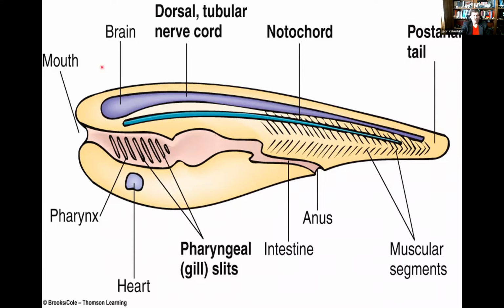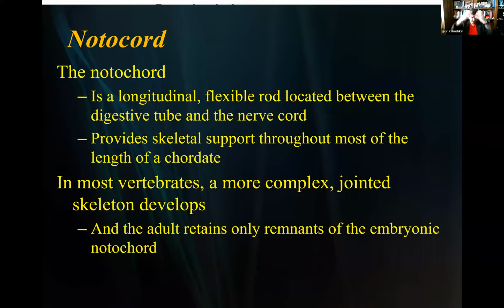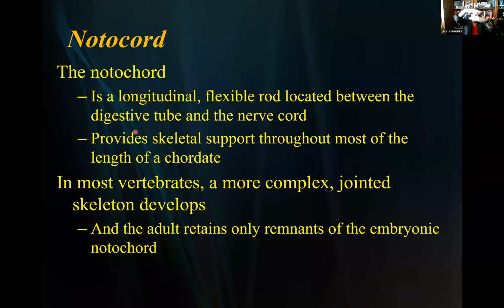So that's the picture of our ancestors about 700 or so million years ago. So the notochord, what is it? Longitudinal, goes through almost the entire body, a flexible rod located between the digestive tube and the nerve cord. So: nerve cord, notochord, digestive tube.